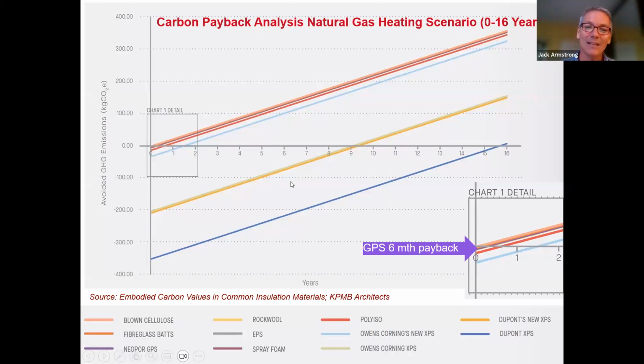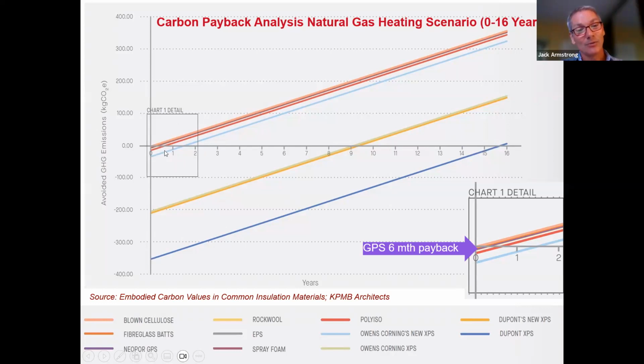Well, here you can see on these middle lines, this kind of yellowish and golden lines, you operate the building for 9 years, and it takes 9 years of saving energy in the building because you insulated it with a rigid foam sheathing to just break even for the invested energy that you put here, a little over 200 kilograms of carbon. In the case of the blue XPS, it takes almost 16 years, say 15 and a half years of savings of operating the building in energy just to equal the investment that you put in.